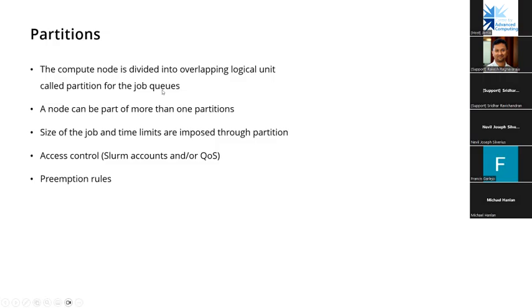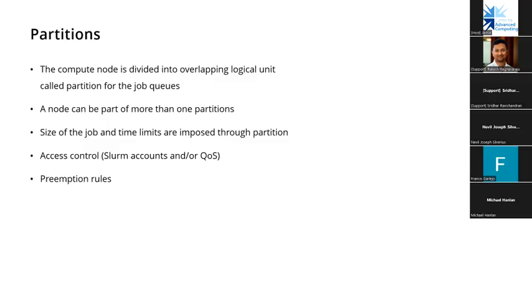Coming to partitions, like I said, these are computational nodes divided into logical partition units, and jobs are queued to these partitions as they come in. A node can be part of more than one partition. Let's say a job comes in and it can be submitted to 2 partitions. Typically we have partitions based on time limits.